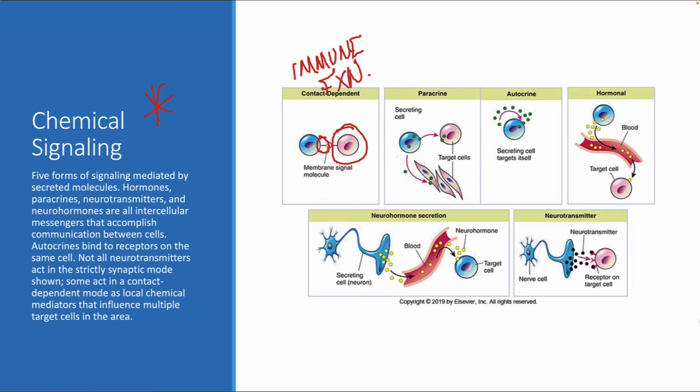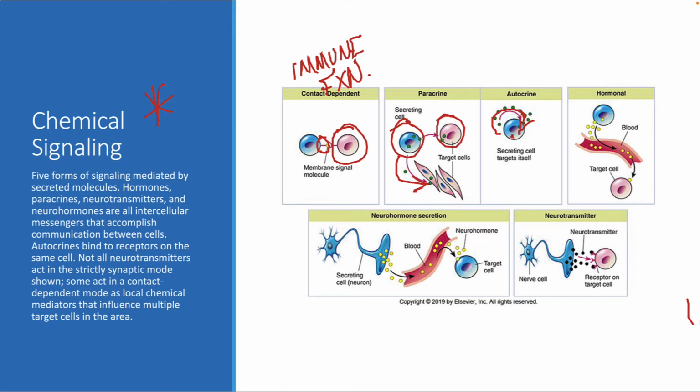Paracrine function is where you have a secreting cell nearby a target cell, and when the substance is secreted, it's picked up by the target cell and some effect takes place. Autocrine functioning is where a cell has a signal that it sends out and is picked up by itself. So the cell releases a signal, and that signal affects itself as well.